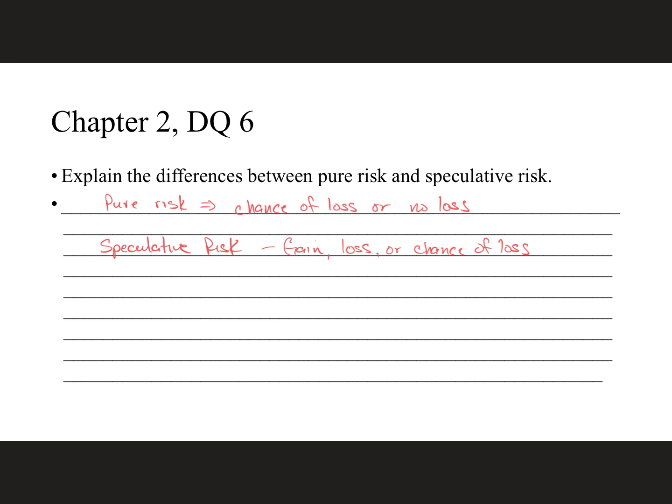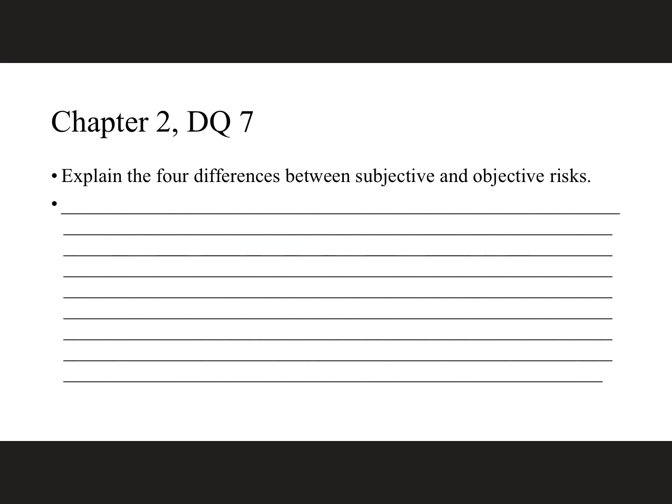All right, let's move on. Number 7, explain the 4 differences between subjective and objective risks. All right, so subjective risks are risks an individual perceives.